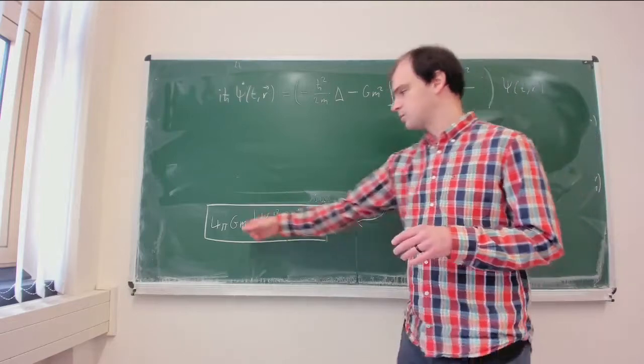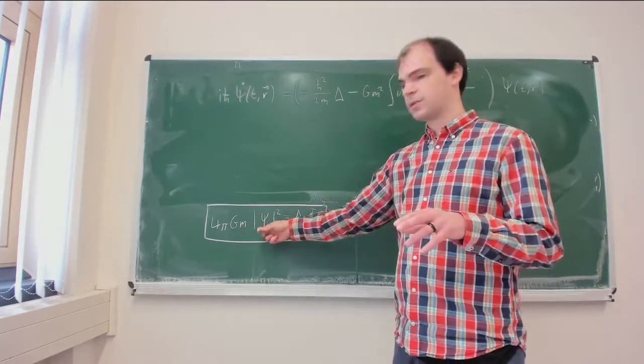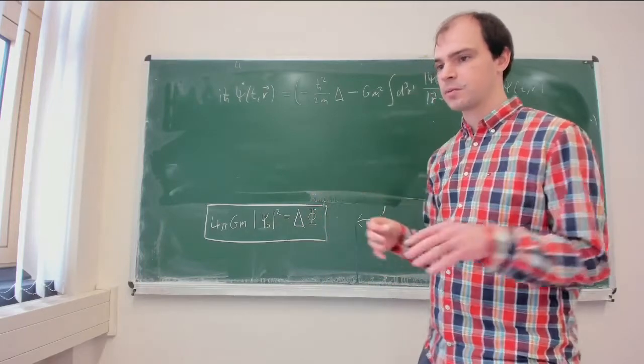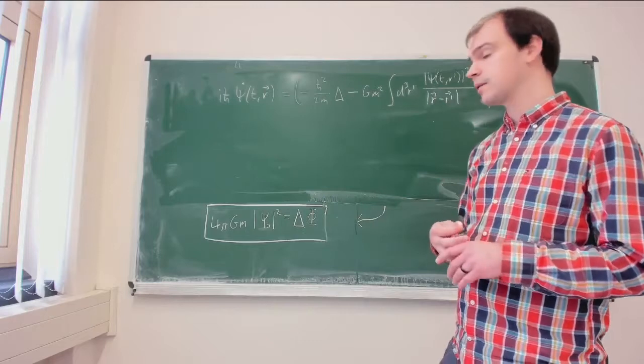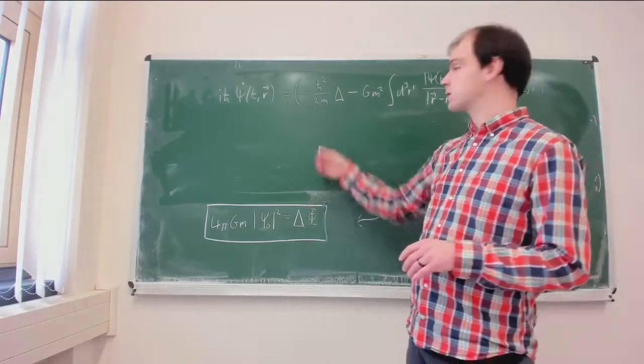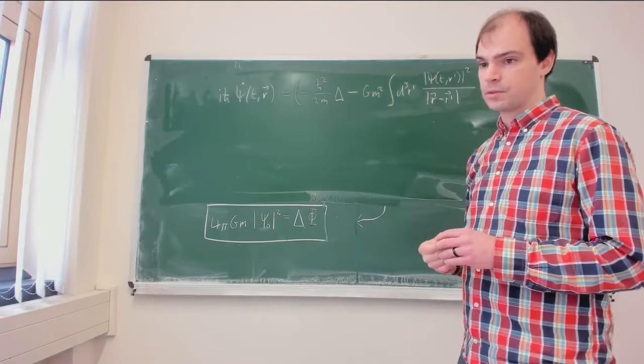So the total mass m of the particle is smeared out with the probability of this wave function, and acts like a Newtonian mass distribution. And the particle now sees the potential that belongs to this mass distribution.